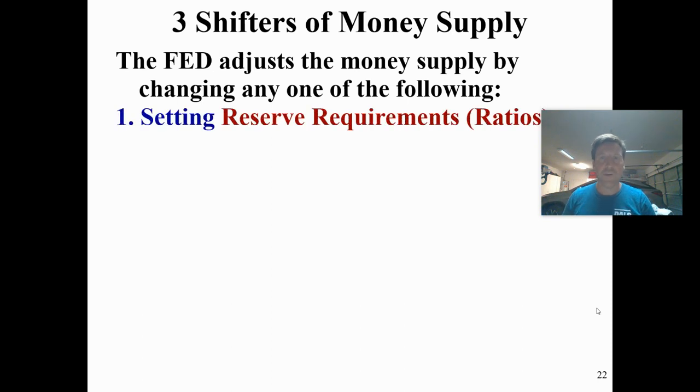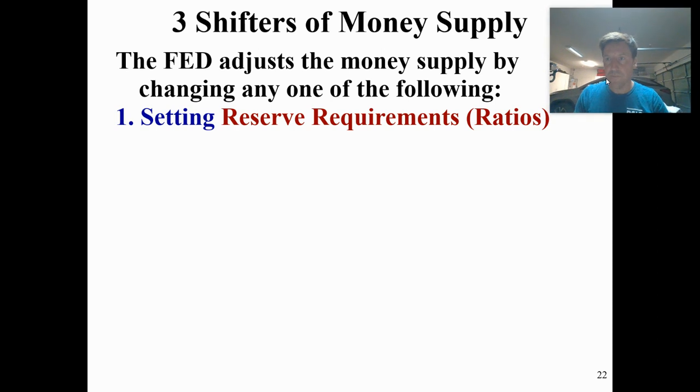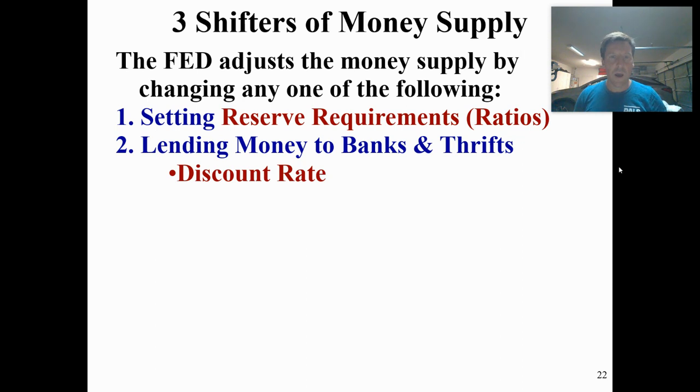So the Fed can adjust the money supply by, 1, setting or changing the required reserve ratio. Second, they can change the discount rate, and that's the rate at which they lend money to banks and thrifts. A thrift is another type of financial institution that makes loans, kind of like a credit union.